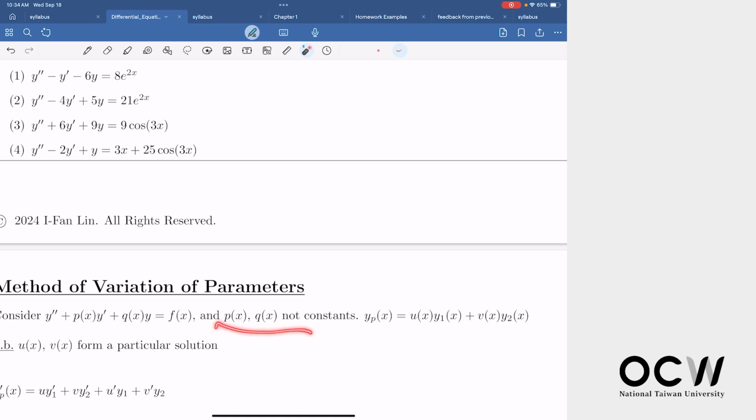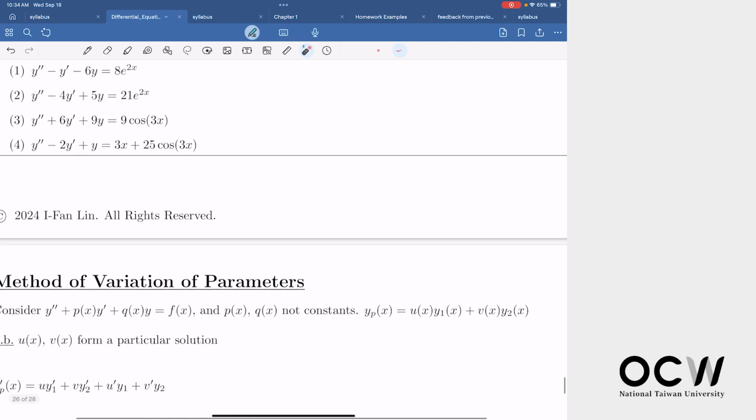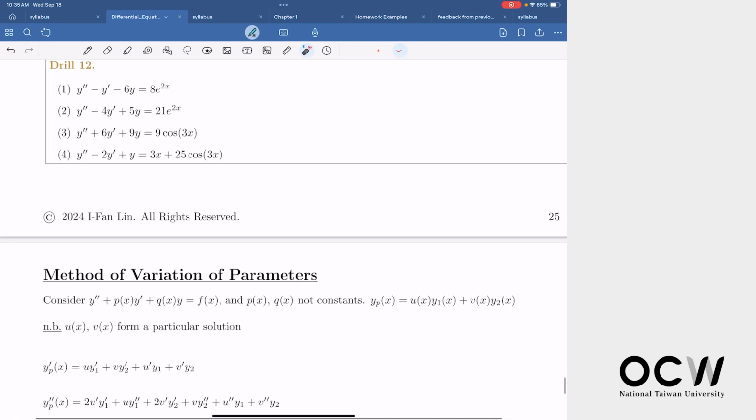If they are not constant, then here we have a particular solution, say the function u of x times y1 and the function v of x times y2. And then u and v, these two functions of x, will form a particular solution. So suppose my particular solution is this form.